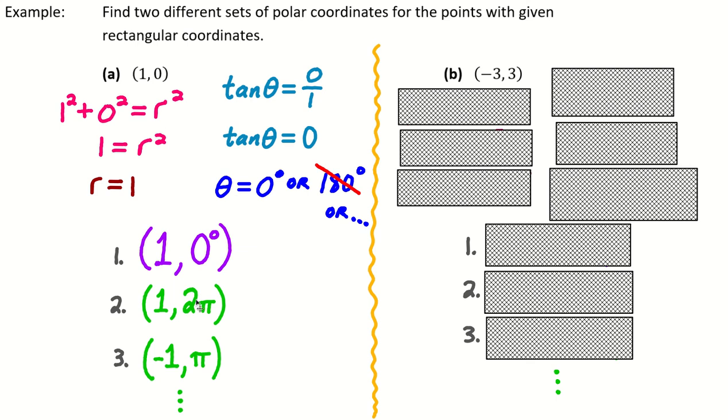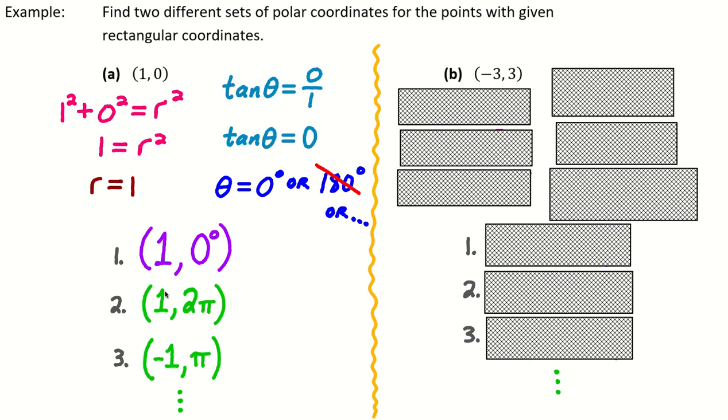What they're asking for is, okay, you could obviously say (1, 0), or you could describe it as (1, 2 pi), or (negative 1, pi). There are a lot of different ways, even without using that much of a coterminal dynamic, like a negative radius with just a different angle.